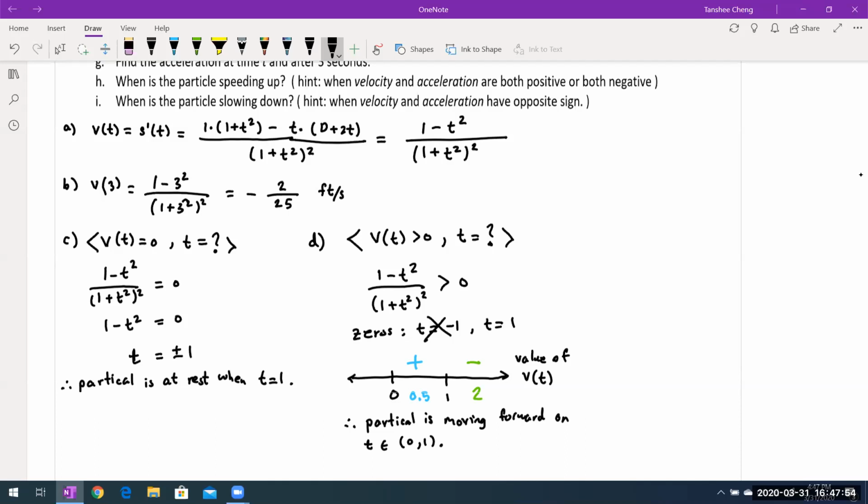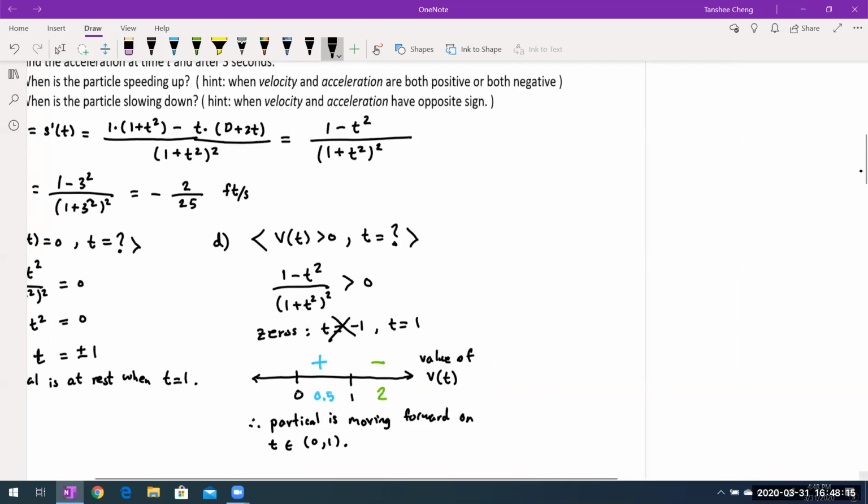If they ask you when the particle is moving backward, that's talking about when the value of the velocity function is negative. In this case, anything from 1 to positive infinity, the particle is moving backward. But that's not what the question asks us.